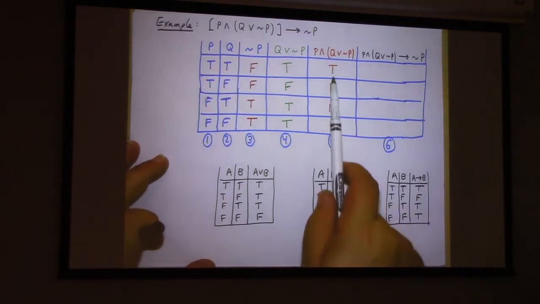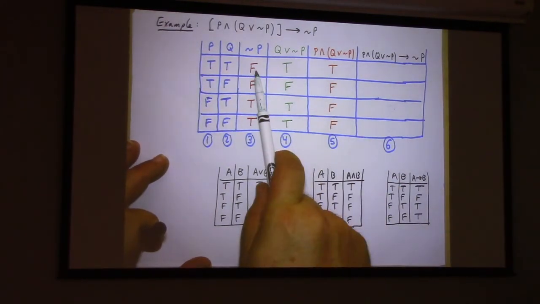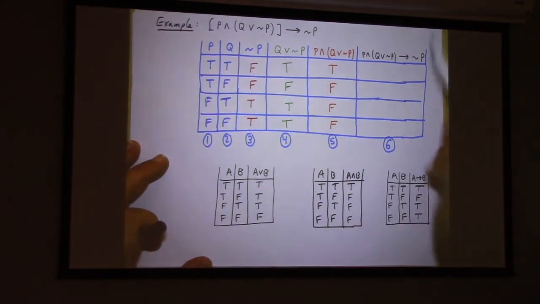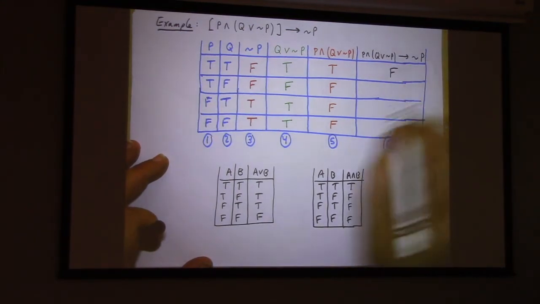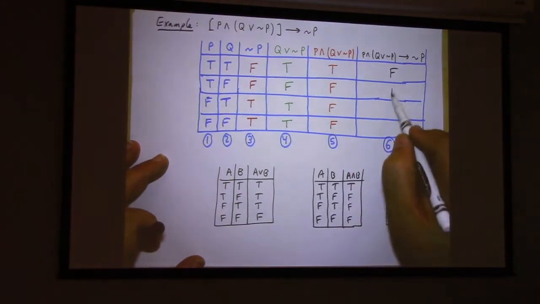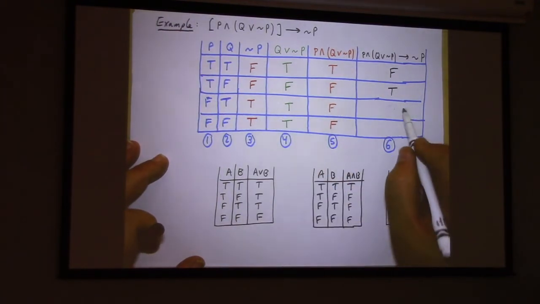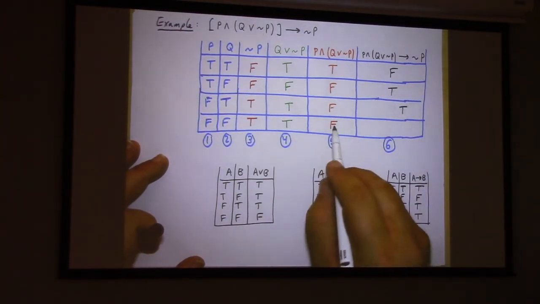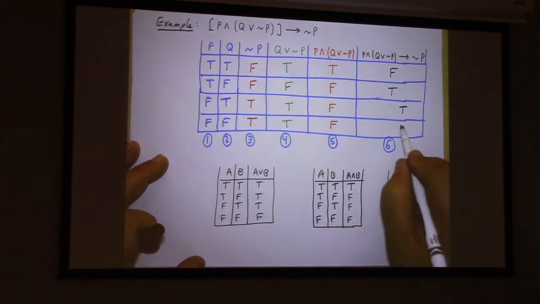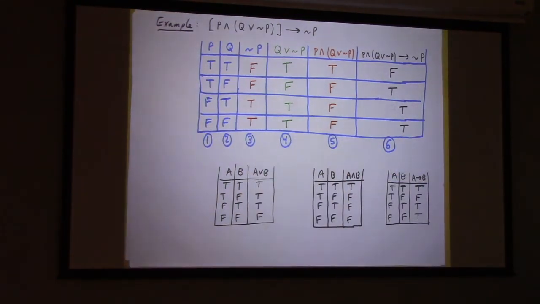So we have true implies false. That is false, right? False implies false is true. False implies true is fine. False implies true is true again. So is the answer right?